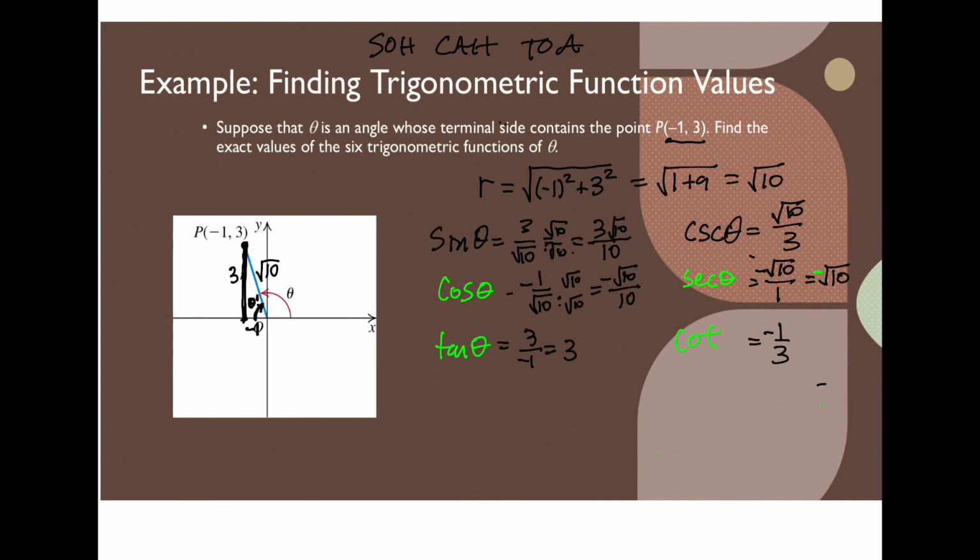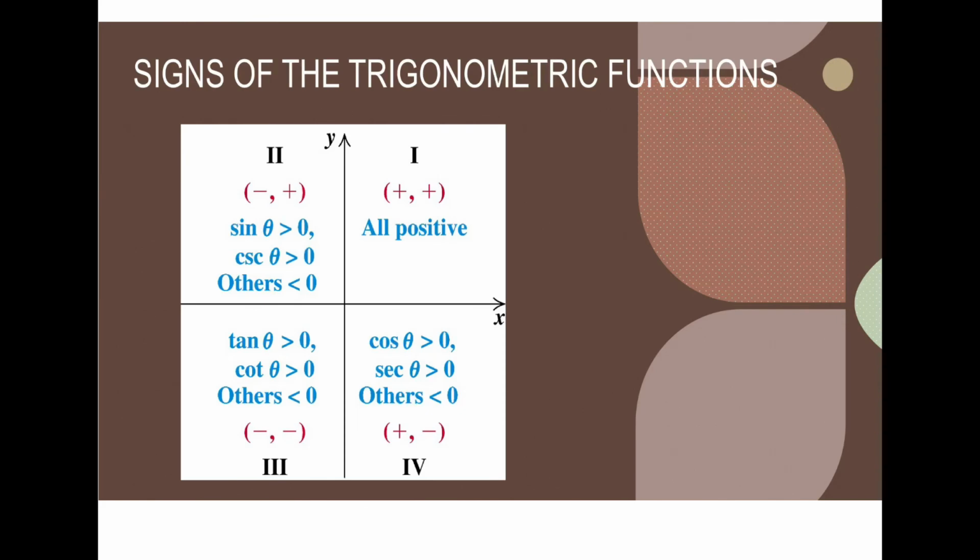And x is negative. So sine and cosecant are the only ones that involve non-x's within their calculations, and so they are the only ones that are positive. So looking at the trigonometric functions in general, in the first quadrant, they're all going to be positive.